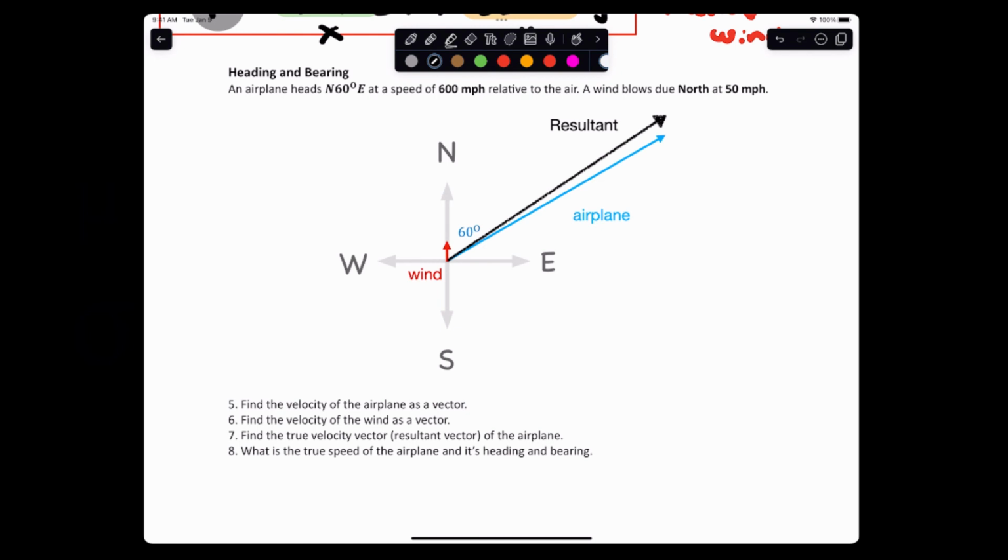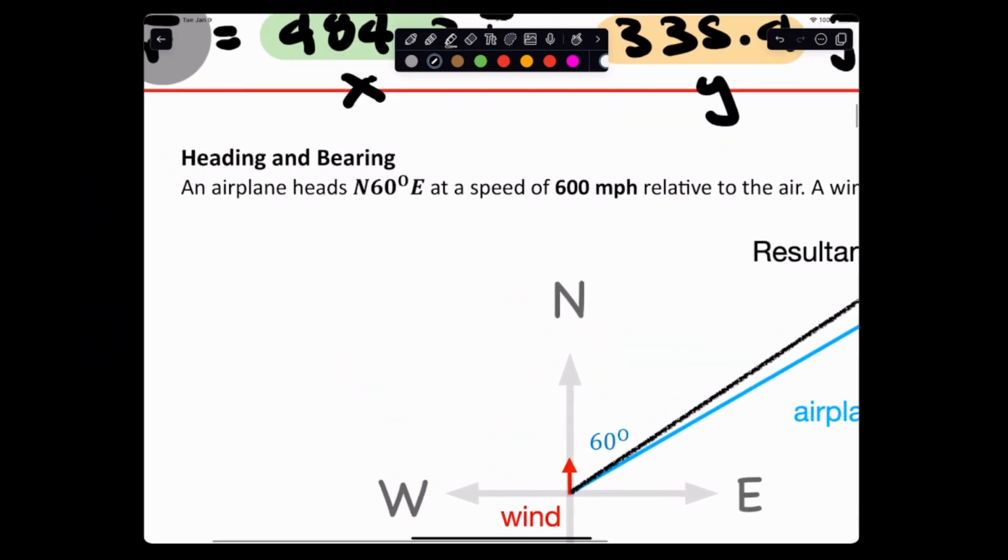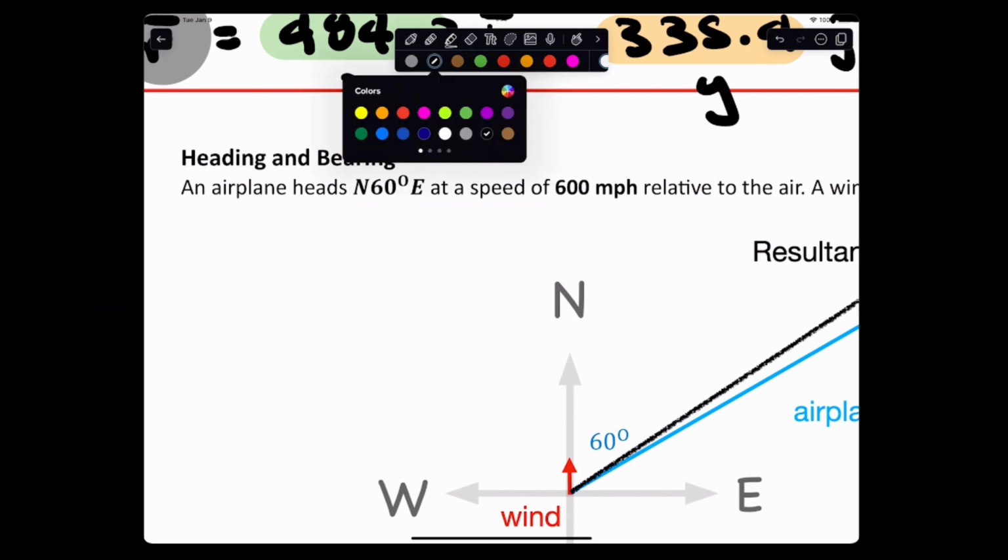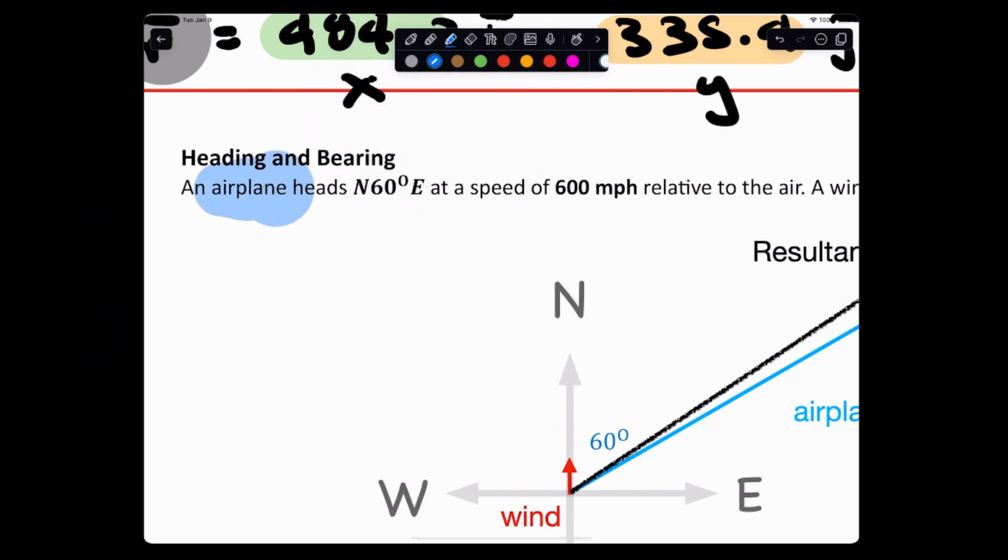So when you're saying an airplane now heads, this is a little different. What's this heading now? See your airplane again? A in blue. A. The heading is north 60 east. And the speed is 600.